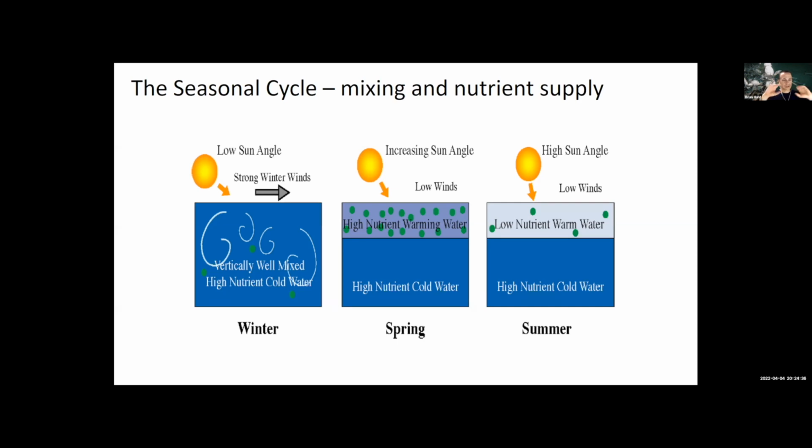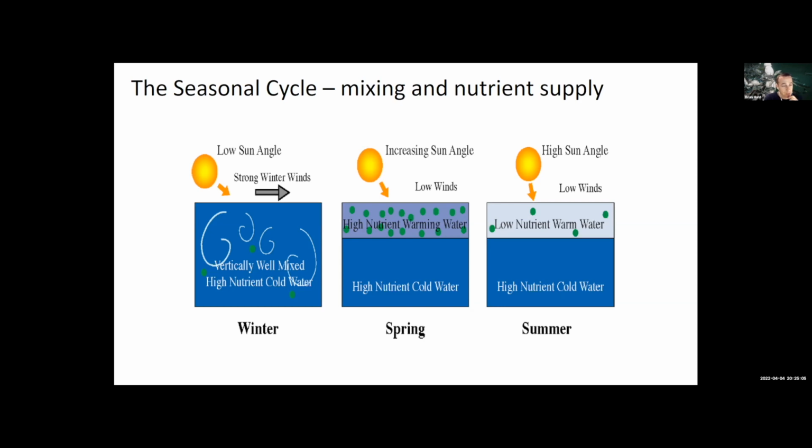Trapped near the surface, it's warm, you're getting lots of light because the sun's higher, and you're trapped at the surface as well, so you're not in the deeper, darker parts of the water. And you have lots of nutrients. And so this is when we have what we call the spring bloom. So phytoplankton grow like mad. And that is very important for lots of animals, key in their life cycle to be perfectly timed to coincide with the spring phytoplankton bloom.